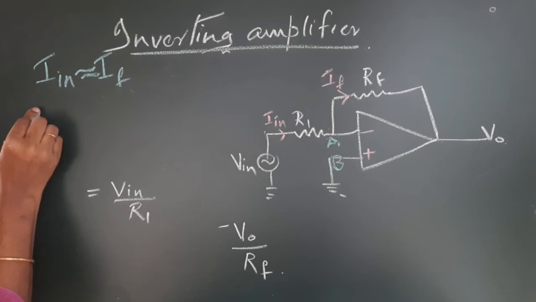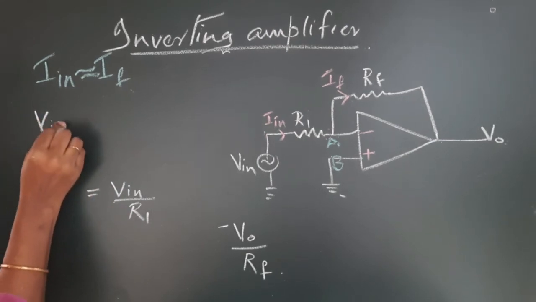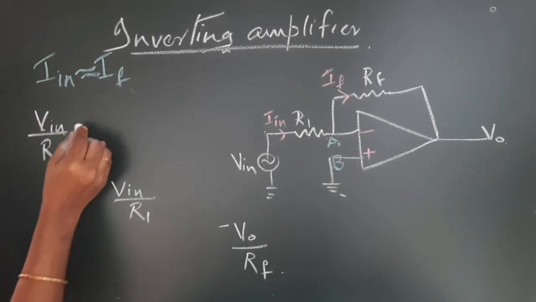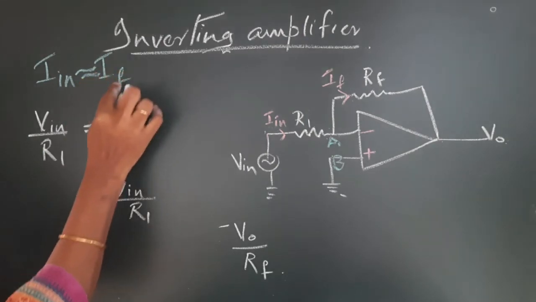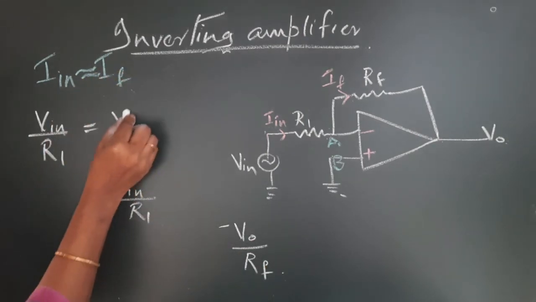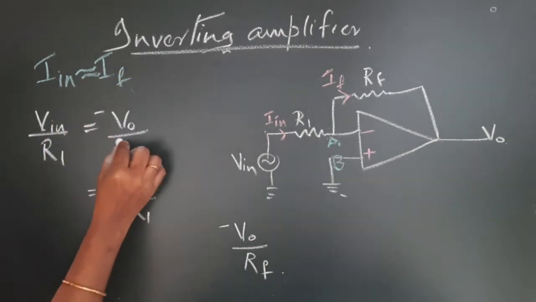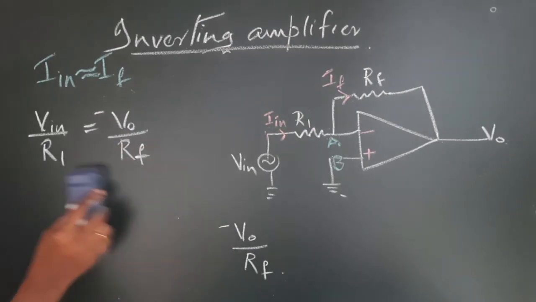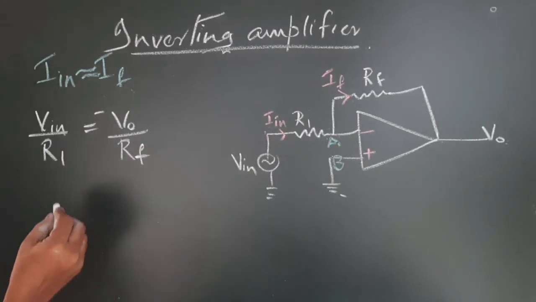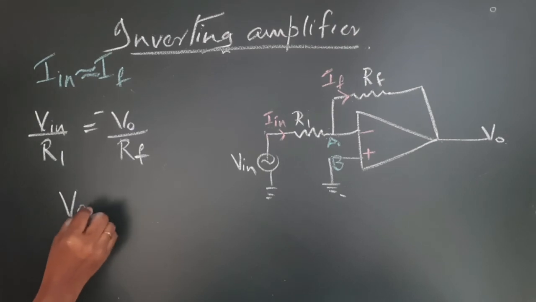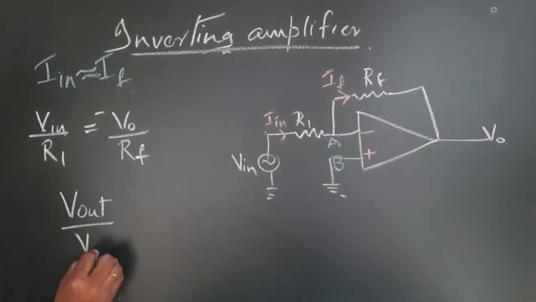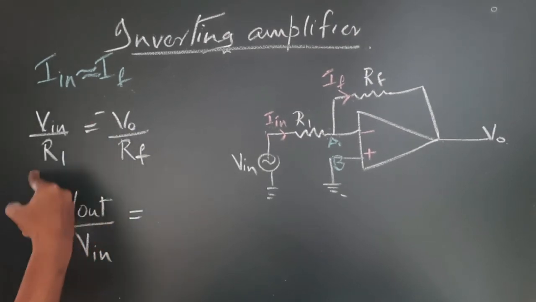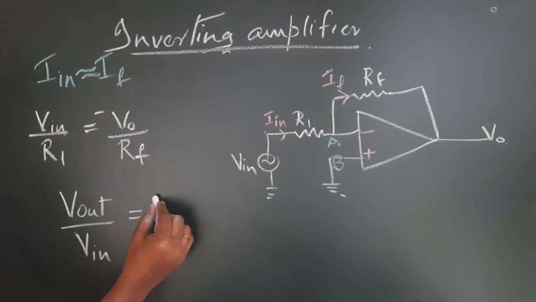What we got is V in by R1 is equal to IF. IF is minus V out by RF. So what is V out by V in then? V out by V in is equal to, what will happen to this equation?